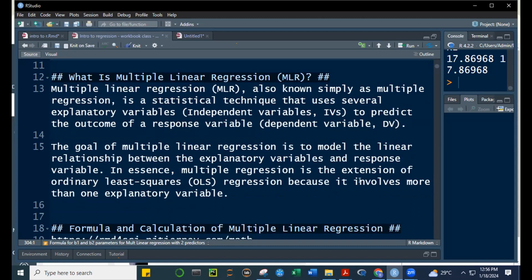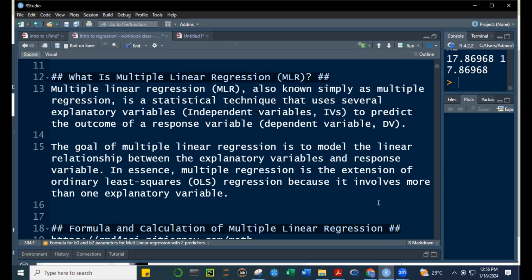So the goal is to be able to establish a mathematical relationship between the two. By doing so, you'll be able to explain, as I said, the variable of interest, the dependent variable, making use of your independent variables. Okay.